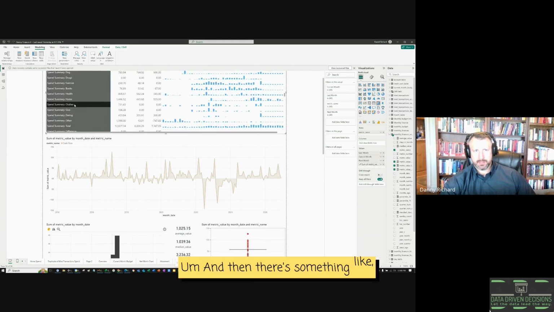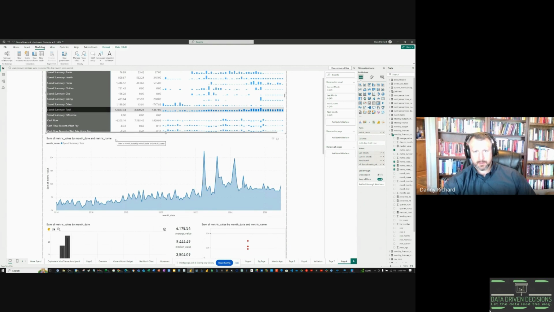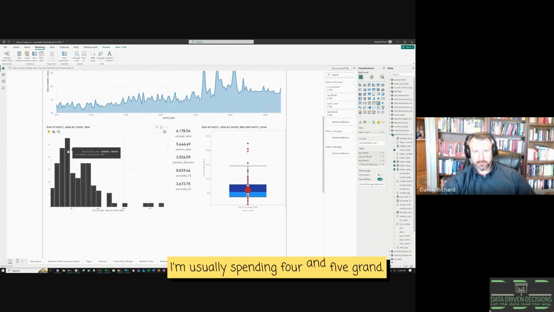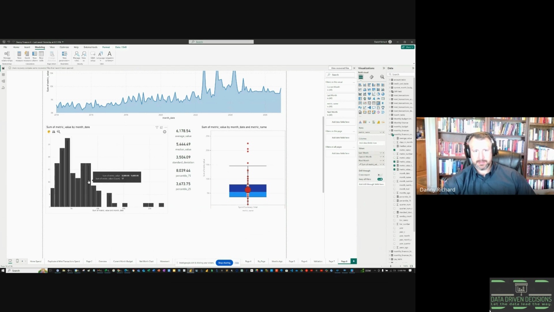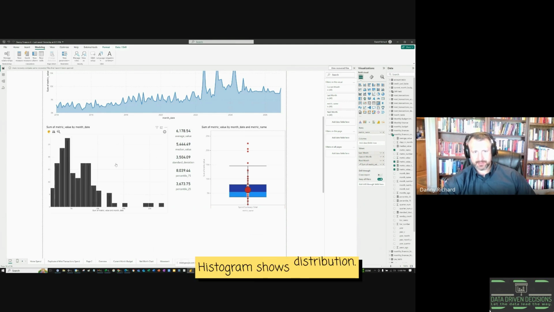And then there's something like spend total. For the most part, I'm usually spending 4 to 5 grand. Not anymore. I'm spending more like between 7 and 9 grand lately. And this box and whisker plot is the other nice way to show distribution. Histogram shows distribution.